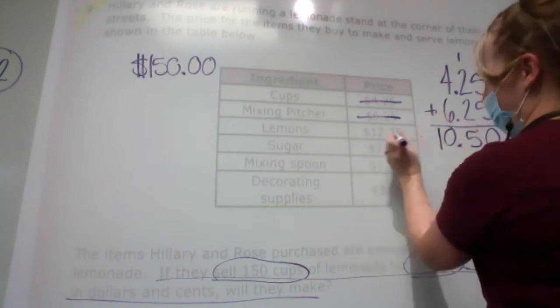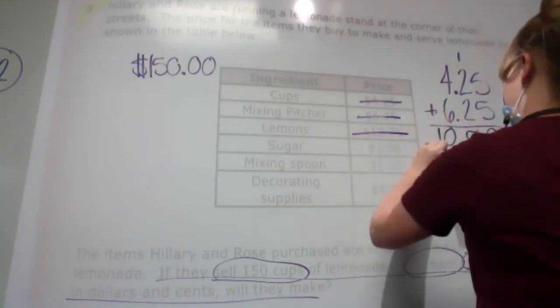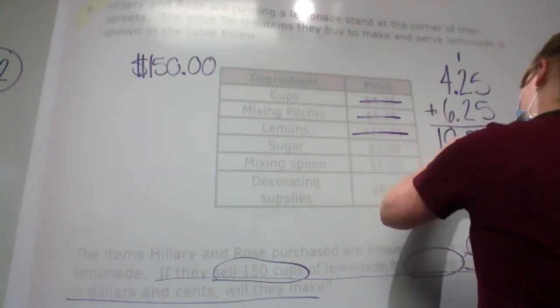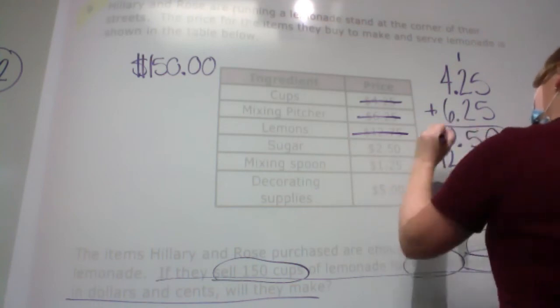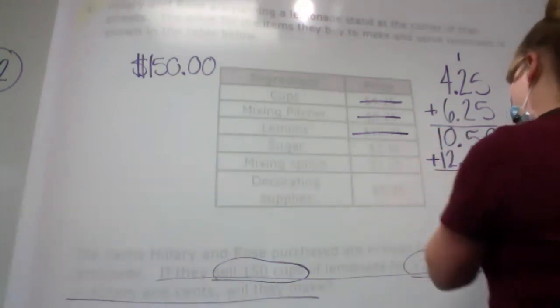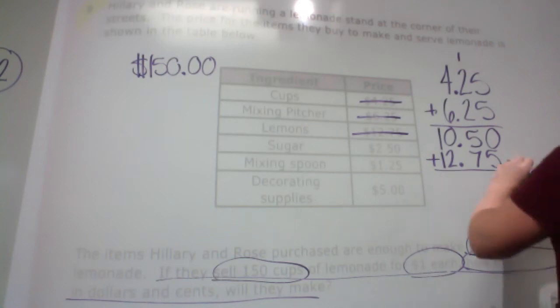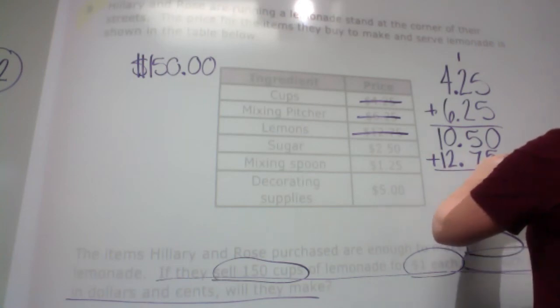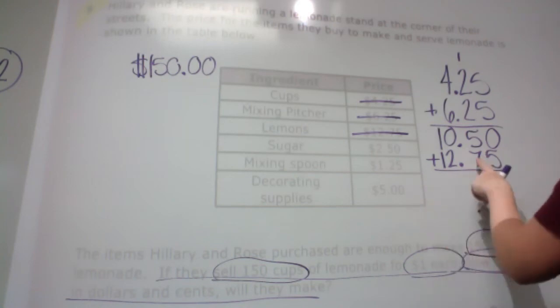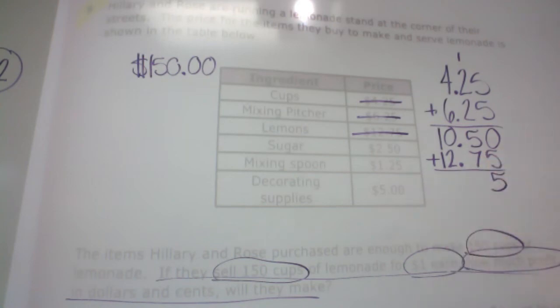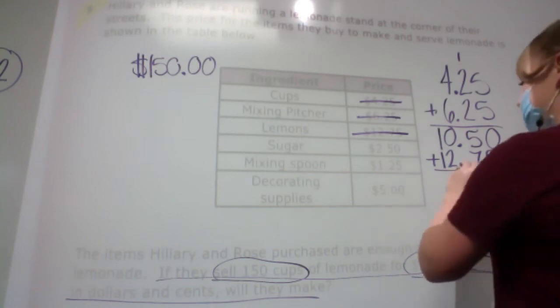Okay, now I'm going to add on this $12.75. And I'm just like adding on to what my last total was. So 5 plus 0 is 5. And then 7 plus 5 equals 12.